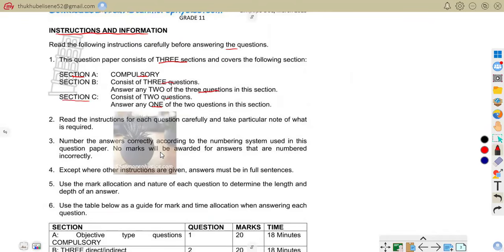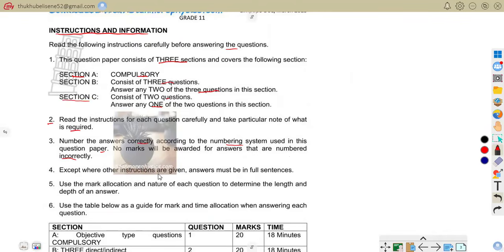But like I've said, we are going to make sure that we attend to all the questions asked on this question paper. Instruction number 2, read the instruction for each question carefully and take particular note of what is required. Very important. Number the answers correctly according to the numbering system used in this question paper. No marks will be awarded for answers that are numbered incorrectly. So it is very important to make sure that your numbering system is correct.